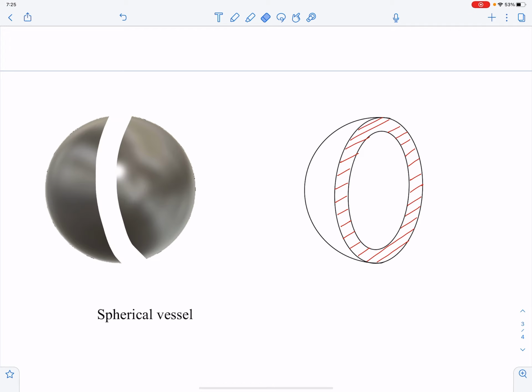So if we take a cut right here, then the stress will be equal to if we take the cut right here. How? Let's take a look.